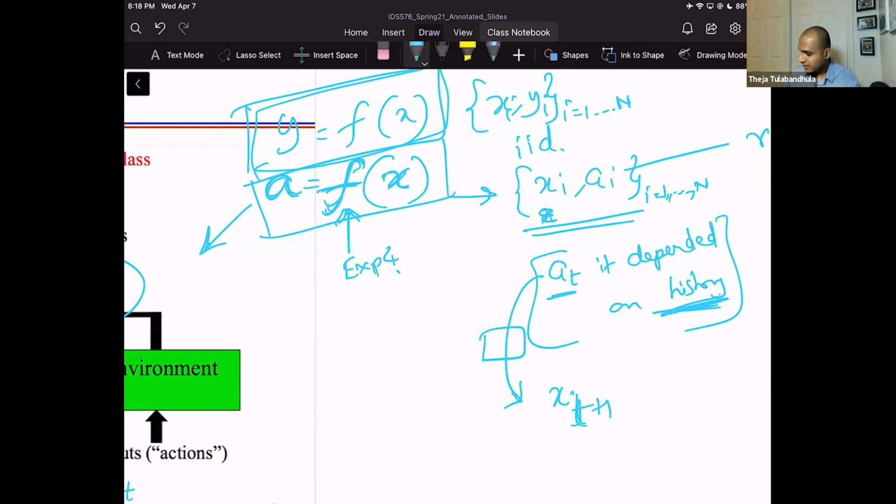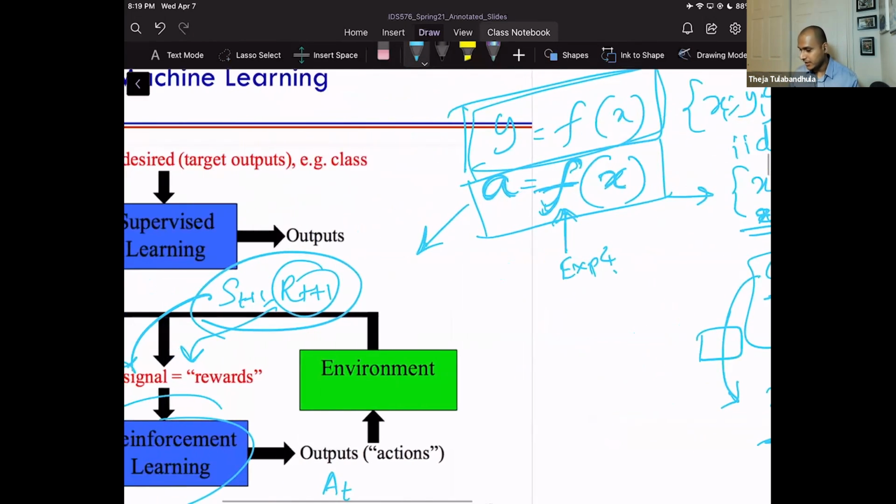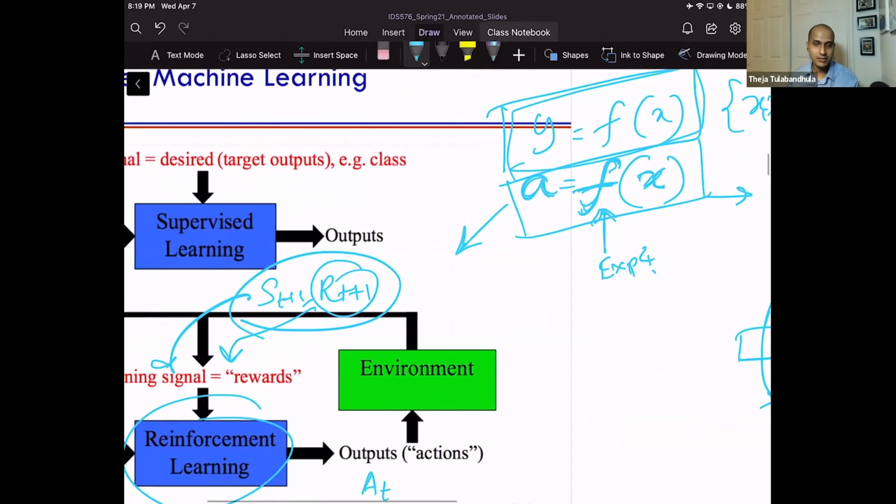But in RL, it's not just that AT depends on history, but AT also influences the next states that we'll see. So it's like even more dependency than you would expect in data. So that's why the optimization problems are definitely different. The way you figure out the policy is definitely going to be different, because it has to address this issue, right? The data is dependent on what you did, and what you do depends on previous data.